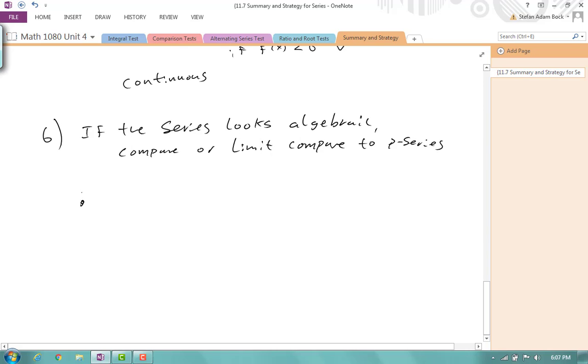And in general, if the series has a couple of extra constants, maybe the random thing is squared, maybe they tossed in cosine of n or sine of n, and they added 17 squared or something.